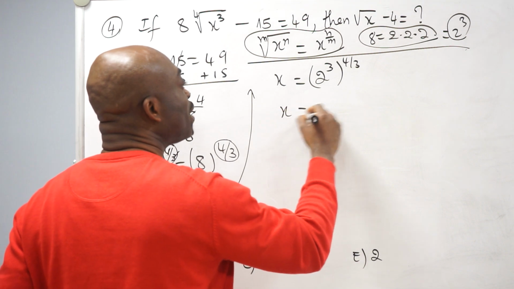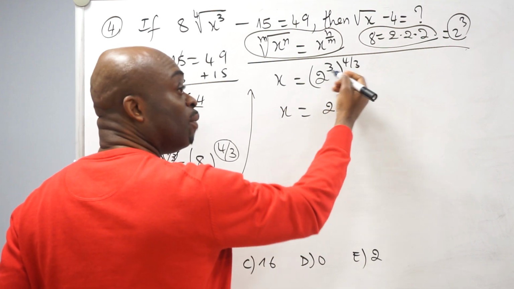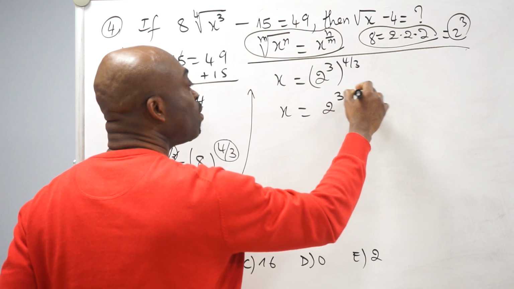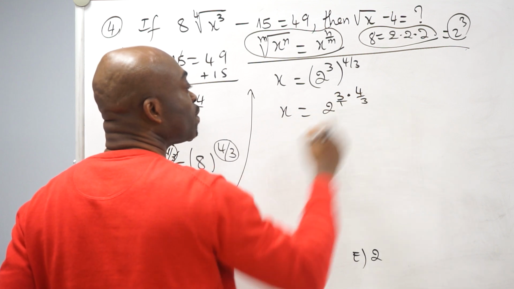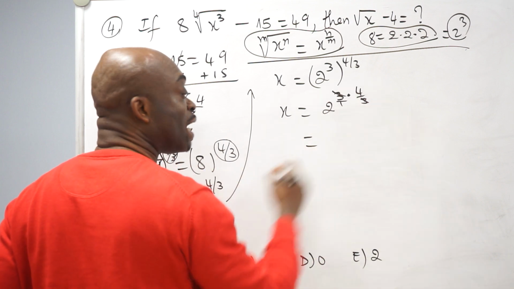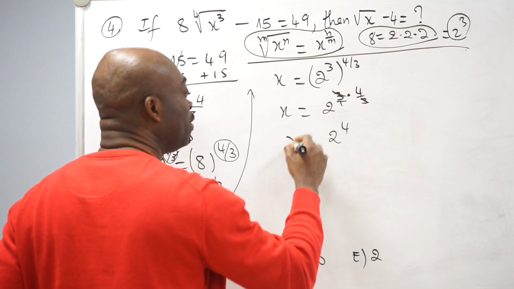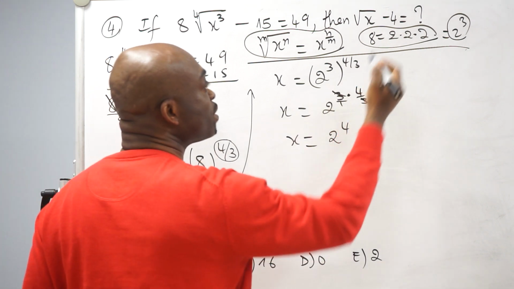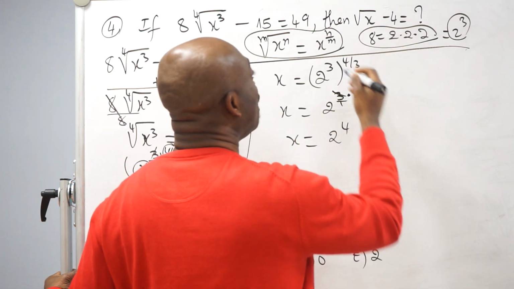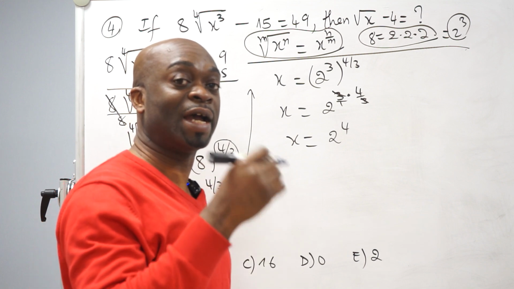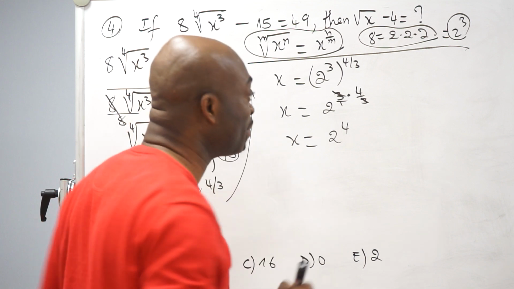So x equals what? You can multiply the powers, because it's 3 times 4 over 3. There's an invisible 1 here. So this 3 crossed out, and you end up with 2 to the 4th power for x. You can do that because if you have x to the power m, raised to the power n, you can multiply the powers.